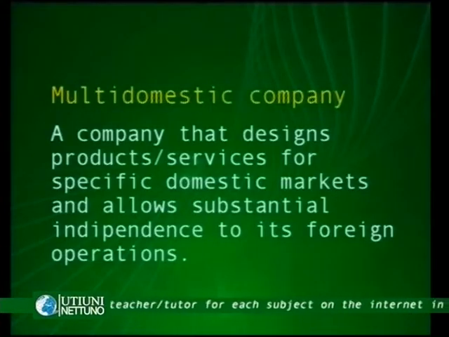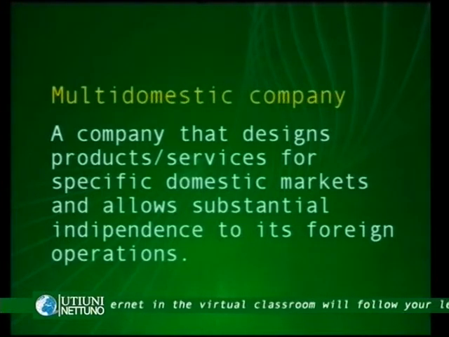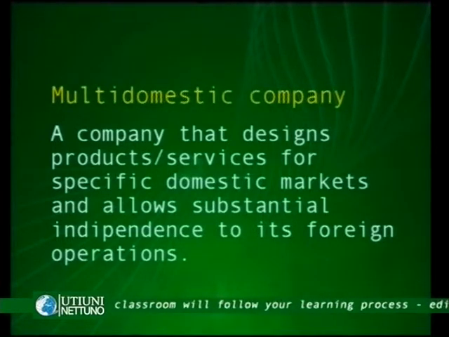Multi-domestic company. It is a company that designs products and services for specific domestic markets and allows substantial independence to its foreign operations. This is exactly the opposite.